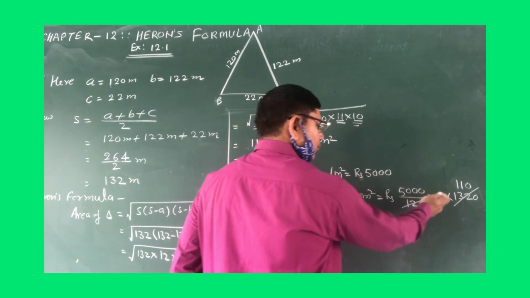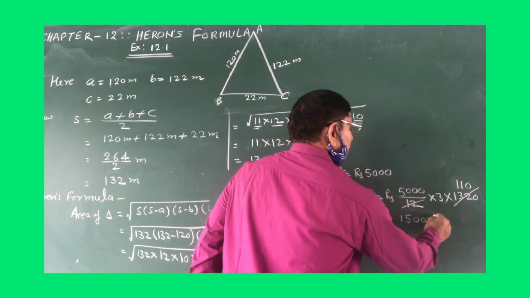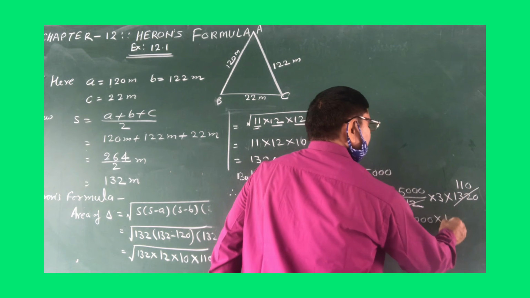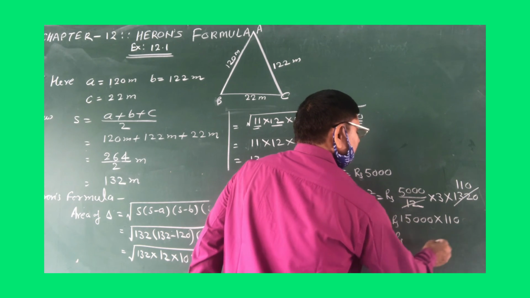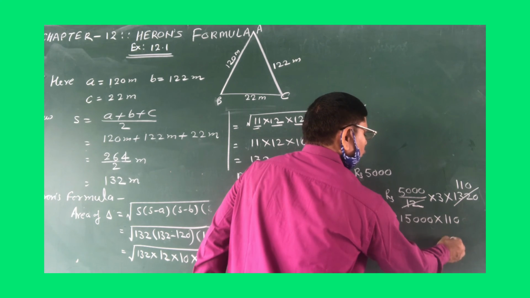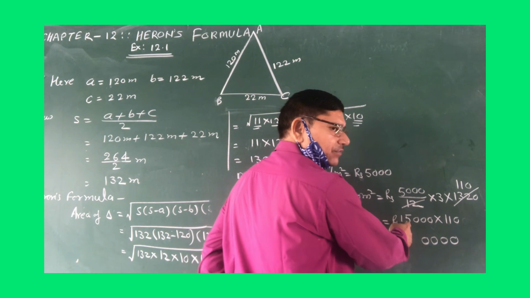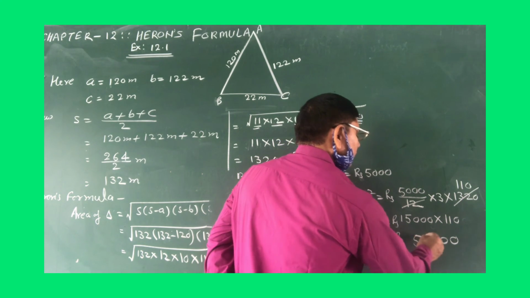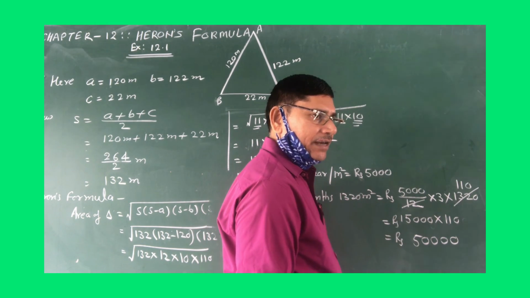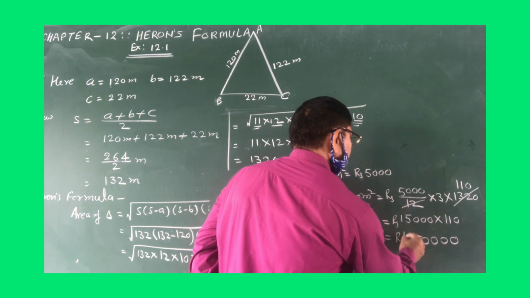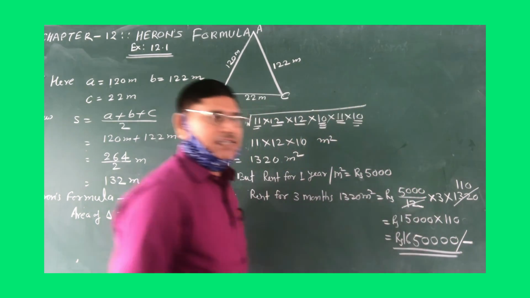Otherwise 5 into 3 means 15 and 3 0s, and again here 110. So total amount is you will get, that is how many 0s total? 4 0s. 1 2 3 4, and 11 5s are 55. Now carry is 5, and 11 ones are 11, and carry 5 is 16. So here total amount is this one. So this is the answer of this question.